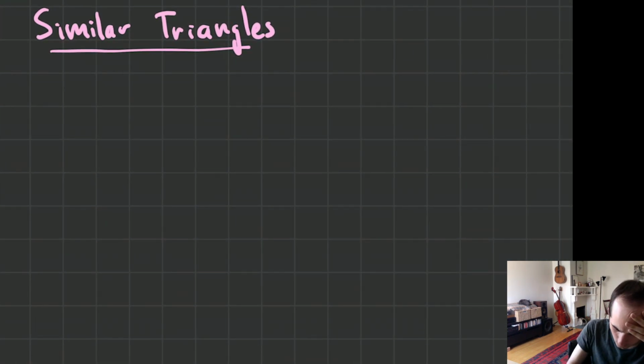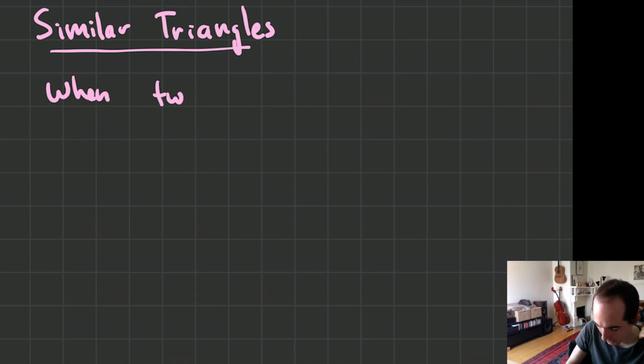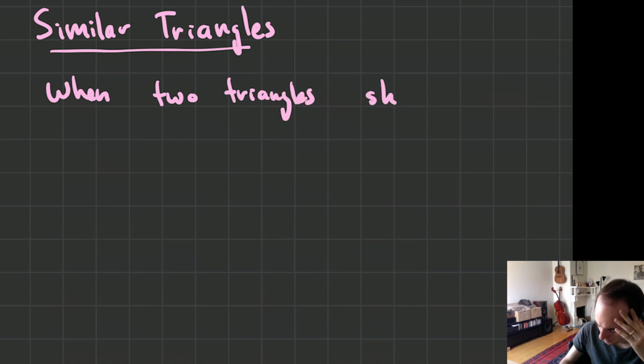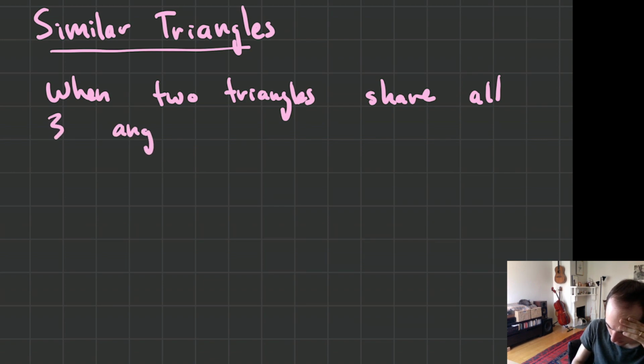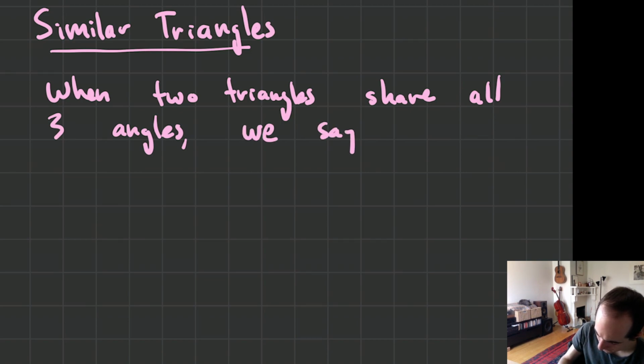Okay, so when two triangles share all three angles, we say they are similar.